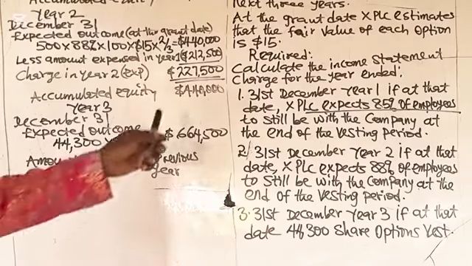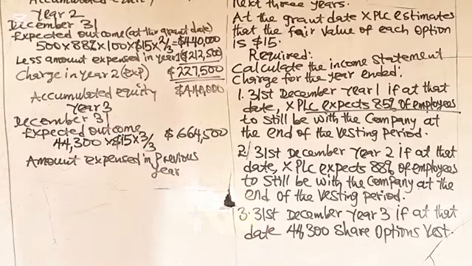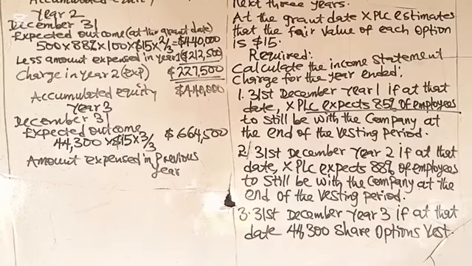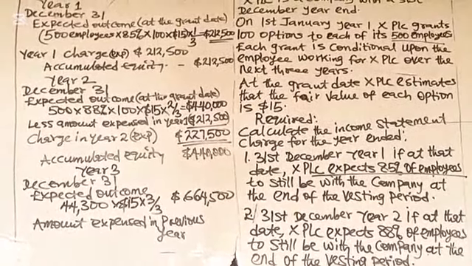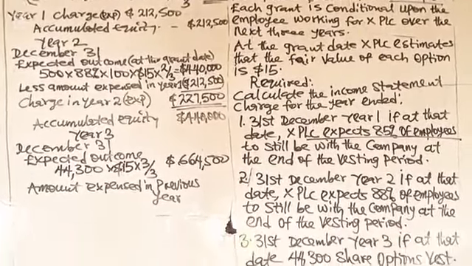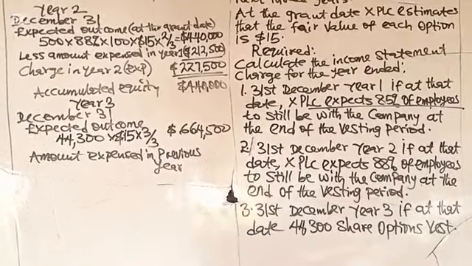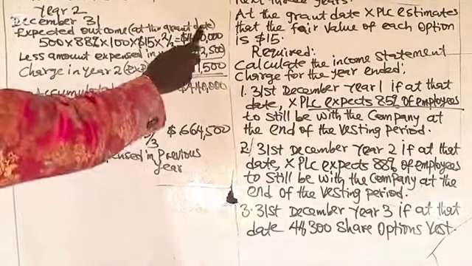In year 2, 227,500 was expensed. If you add the 212,500 expensed in year 1 and 227,500 expensed in year 2, the total amount expensed so far would amount to 440,000.